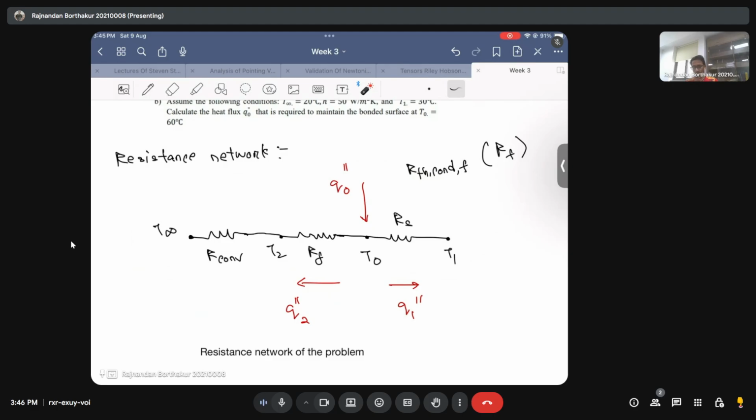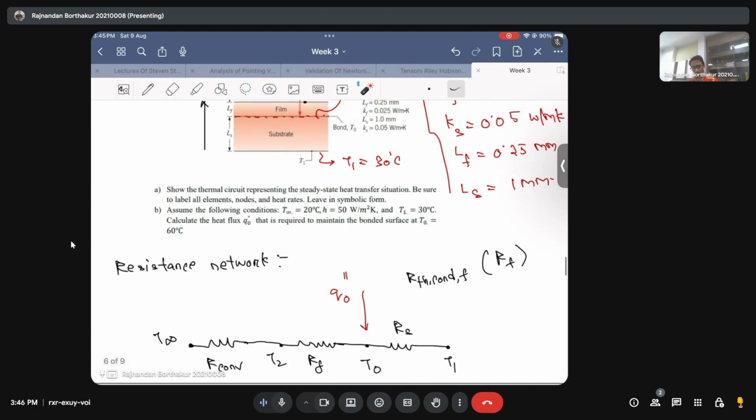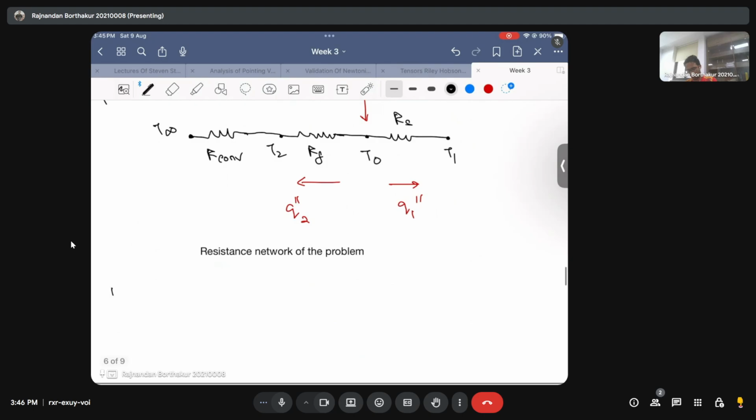Now in the second part, they have asked you, given that all these quantities are known, that is your T infinity, your h, the heat transfer coefficient, your temperature T1, and all these material properties and the lengths, you need to calculate the magnitude of this heat flux that is being provided at the interface of the film and the substrate. And that is your part B of the problem.